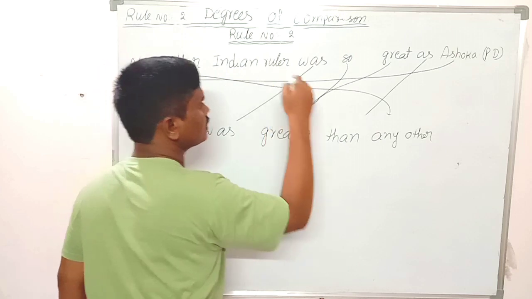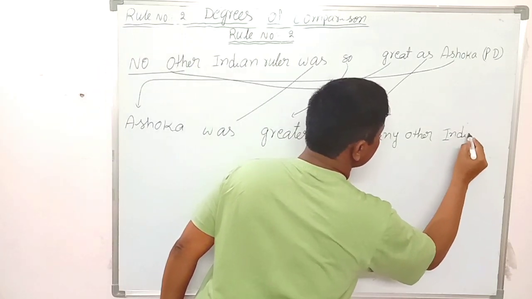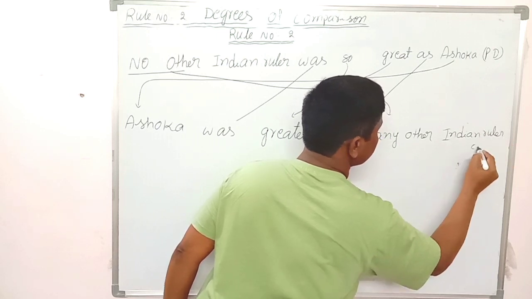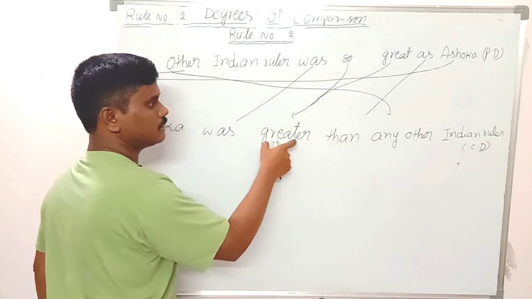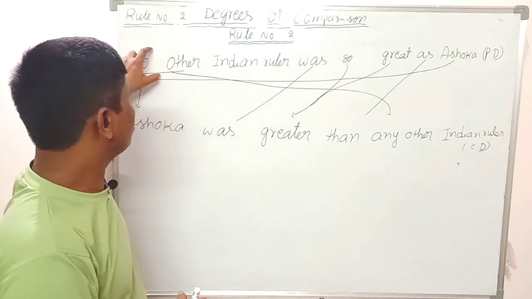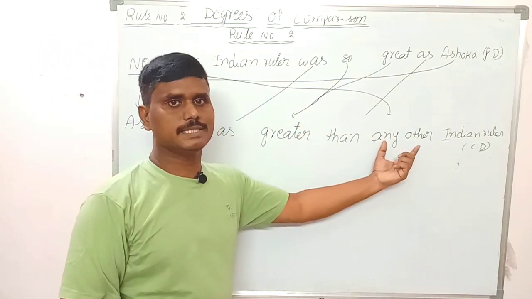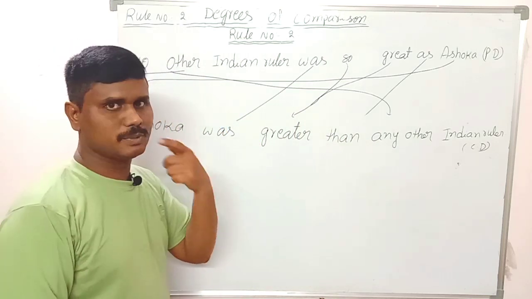That means Indian ruler, here also Indian ruler. This is the comparative degree sentence. Here adjective 2 then than. Here no other; in comparative degree we use any other. You must remember this. This is very, very important.